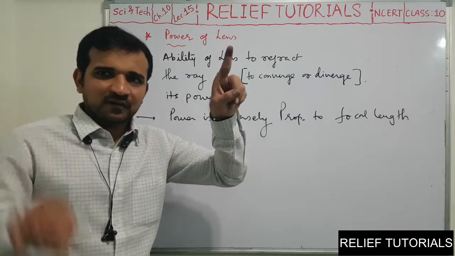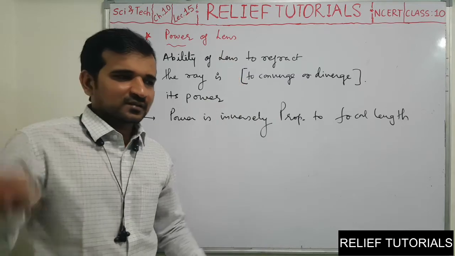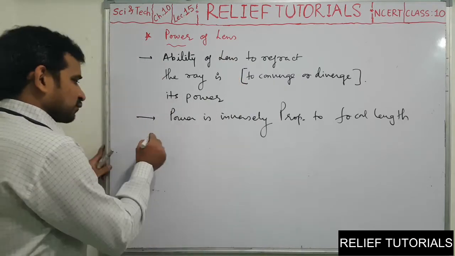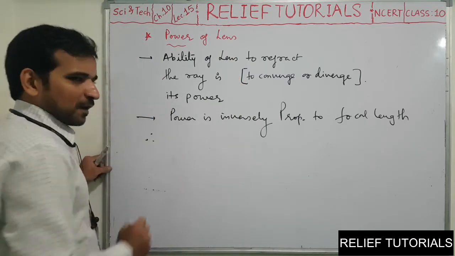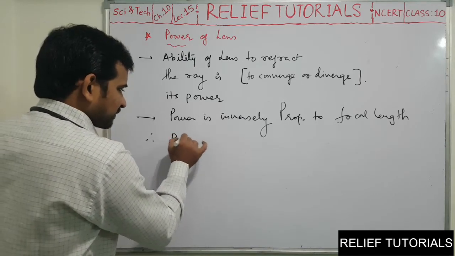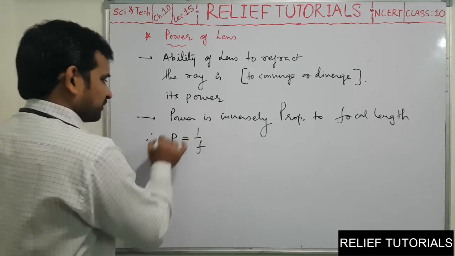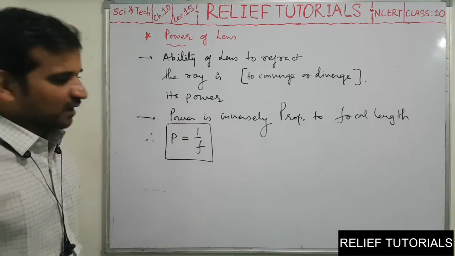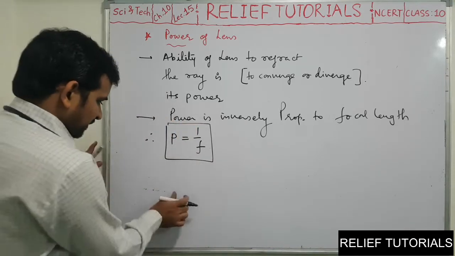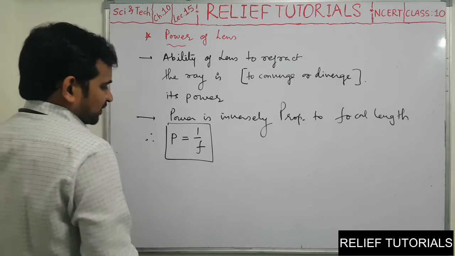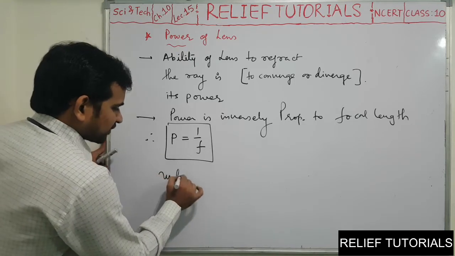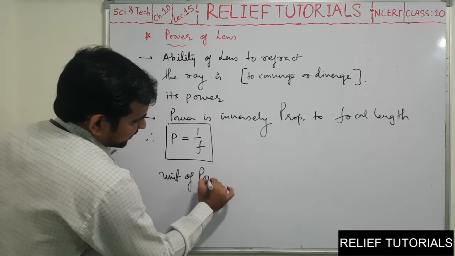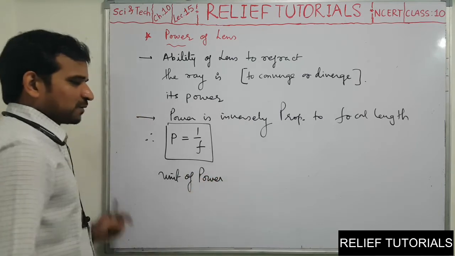Focal length increases, power decreases. Focal length decreases, power increases. So we have a formula to represent the power. P is equal to 1 by f. Simple formula. From this, what should be the unit of power? Means in which terms the power should be measured.